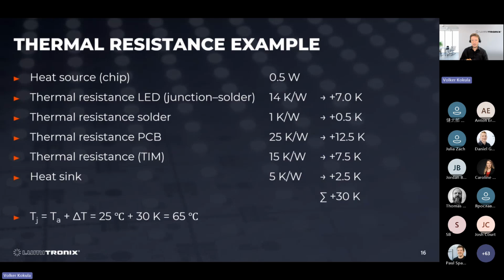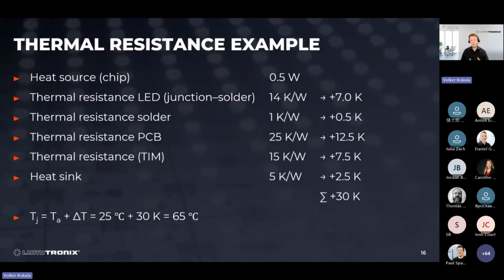From the bottom of the PCB, we then use a thermal interface material to connect it to a heatsink, and then finally the thermal resistance of the heatsink itself to the surrounding. And if we then calculate this backwards and start at an ambient temperature of 25 Celsius and add all those increased thermal resistances, which are 30 Kelvin, we come back to a junction temperature of 65 Celsius.